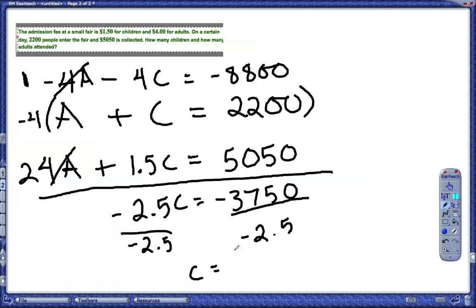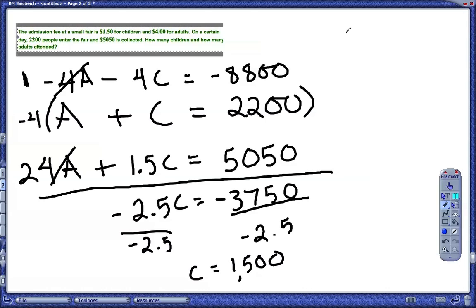The amount of children tickets sold is going to be 1,500. So now that we know the amount of children tickets, we can easily figure out how many adult tickets were sold. We know there were 2,200 tickets sold altogether, so if I just subtract this amount here, I'll get the amount of adult tickets.